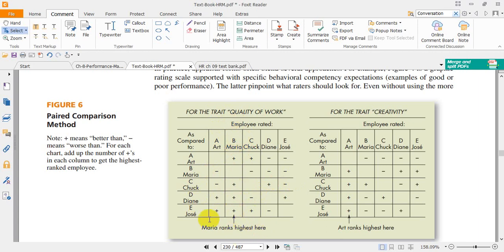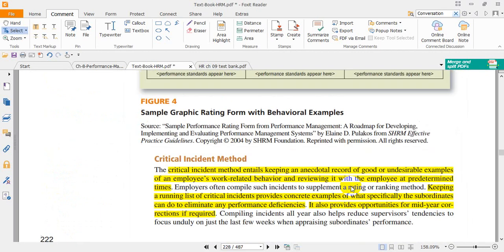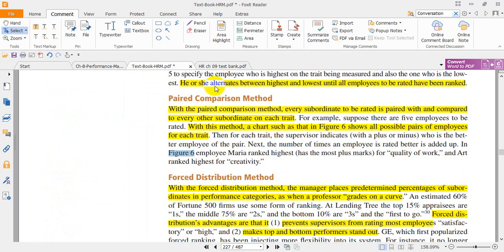Maria ranks highest in this trait, while in the other trait, creativity, Art ranks the highest. The person who takes more pluses is considered the highest according to this criteria and according to the paired comparison method.